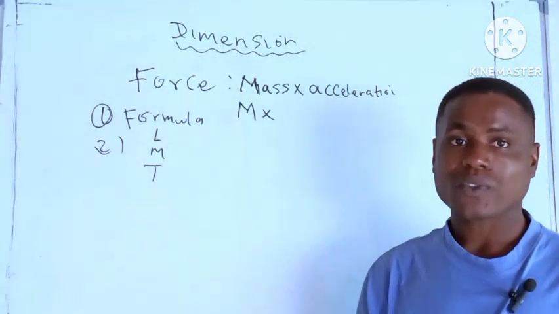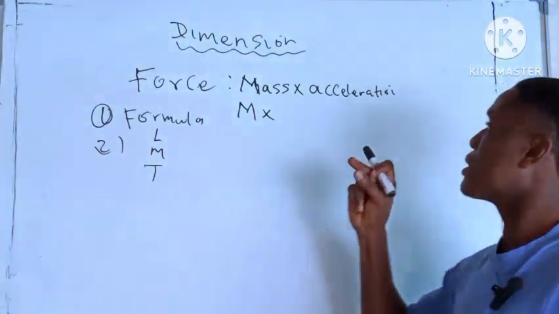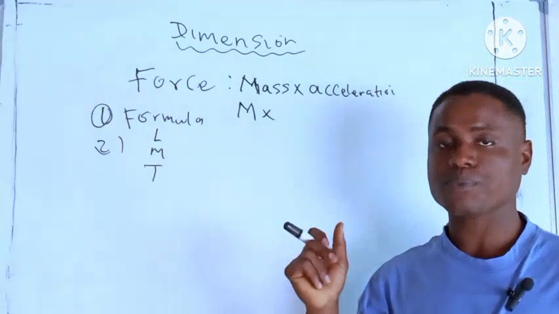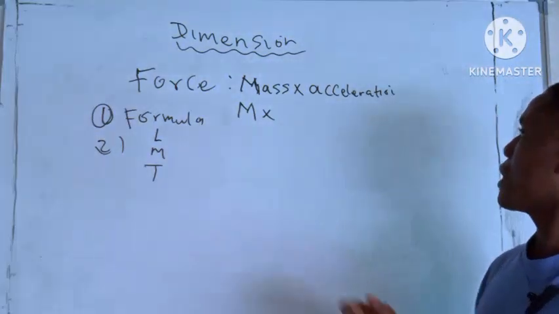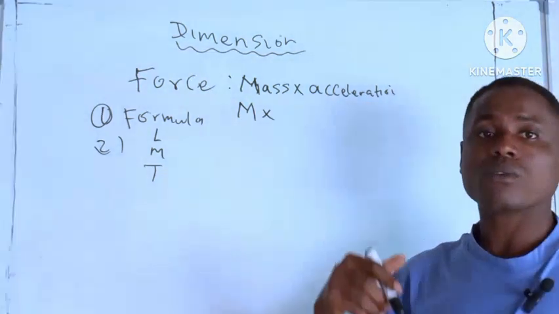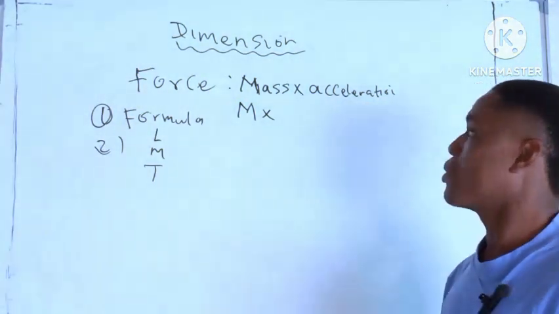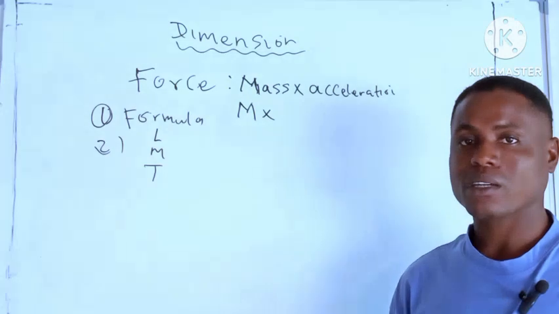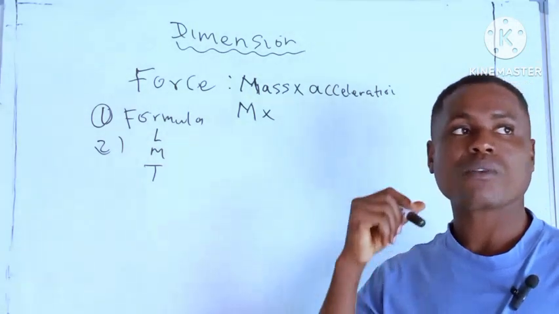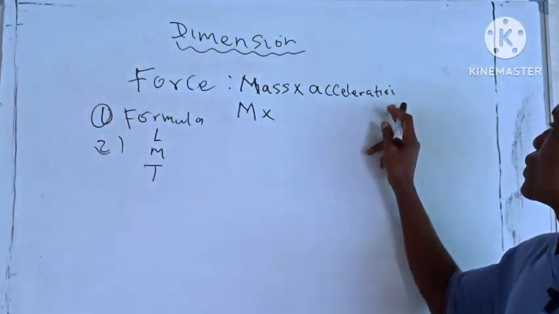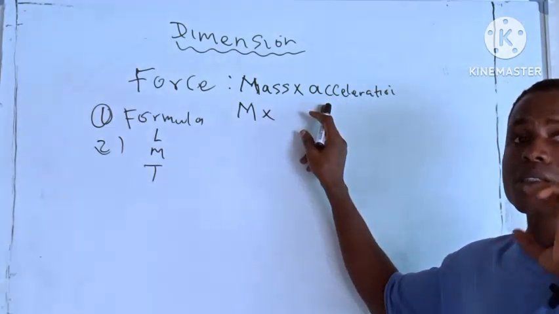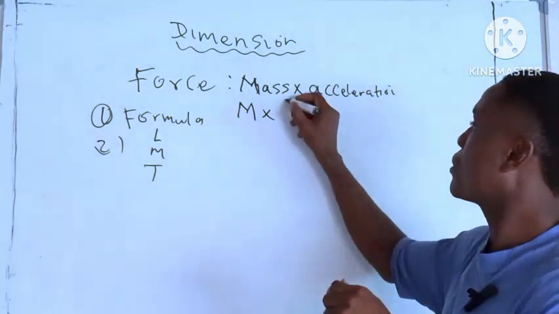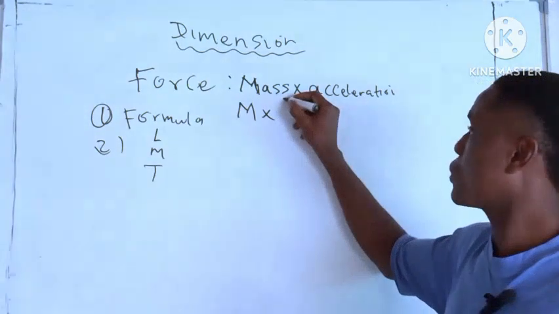Any quantity that has its own formula, we will keep reducing that particular quantity. So what is the formula of acceleration? Velocity all over time. So you won't include acceleration again. What you write is the formula, not the quantity.